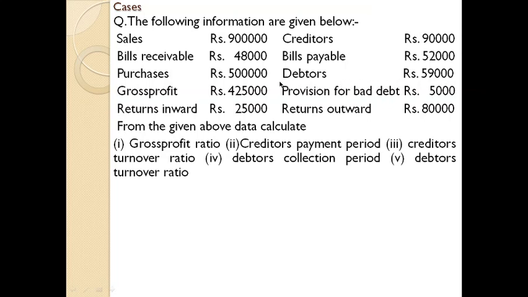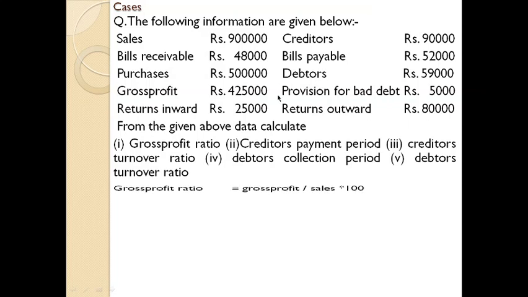We learn debtors velocity as well as debtors collection period, and in none of the cases is there a term or part where we have dealt with bad debts. So here the provision for bad debts is unnecessary information. It is given in this question as a way of confusing the students. So just remember that some items may not be required while computing the ratios.